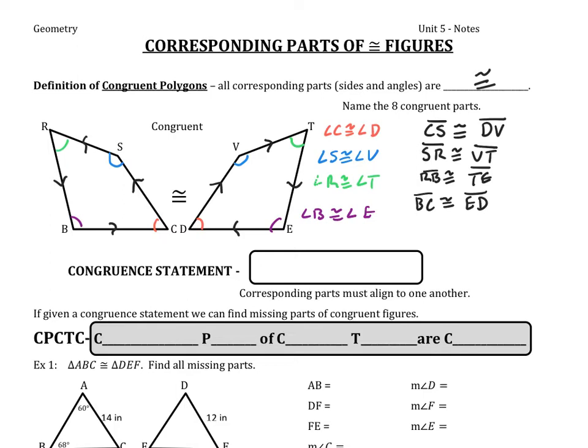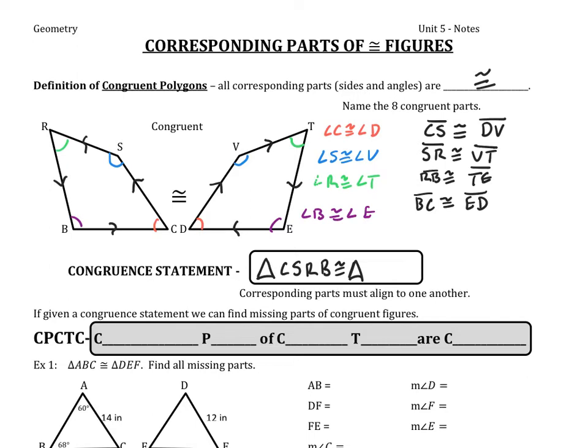So what we can do after we have all of this is write what's called a congruency statement. The congruency statement is going to tell us the order in which different things are congruent to each other. So I can say that triangle CSRB is congruent to triangle, and then I need to list in order the congruent parts of the other triangle.